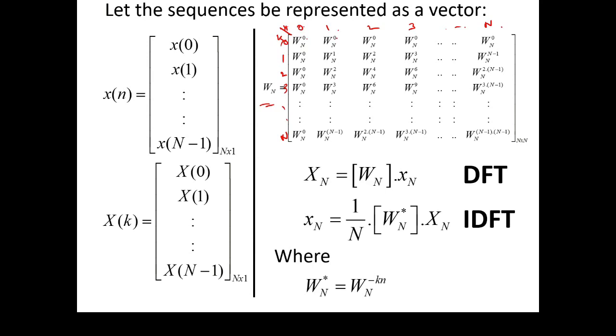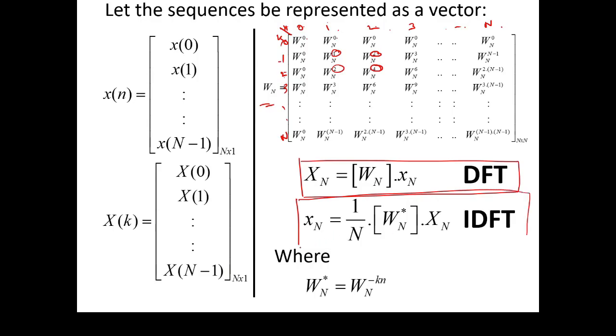Similarly here 0 0, at this location 1, at this location 1 multiplied by 2 is 2, at this location 2 multiplied by 2 is 4. Okay, so in matrix form, this would be your calculation for the DFT, and this would be for your IDFT. Now herein in the IDFT, if you see, the 1 by capital N component is there. So capital N is the signal length.